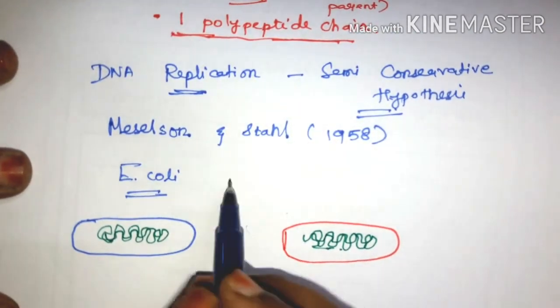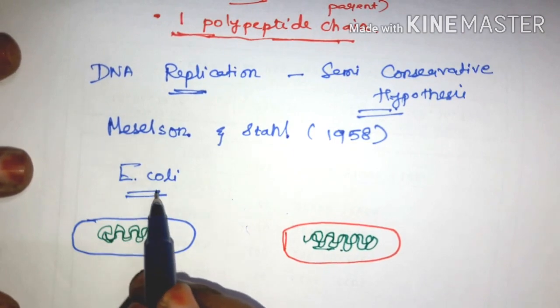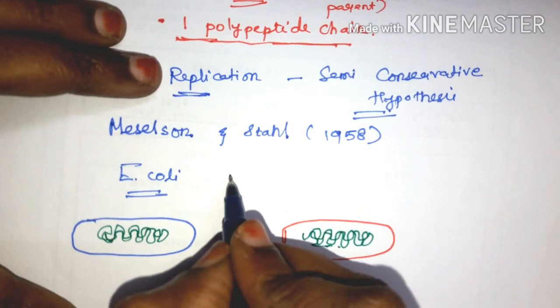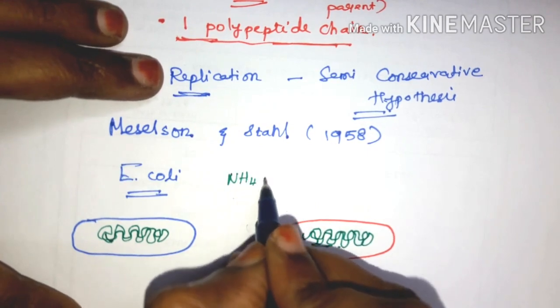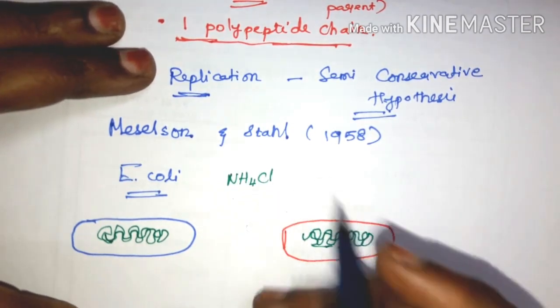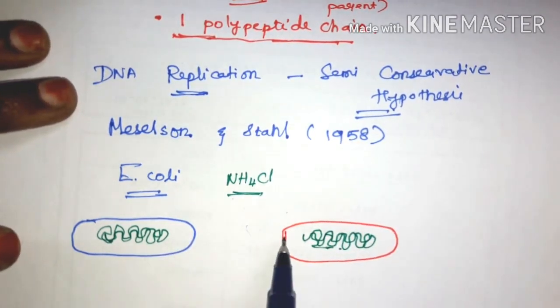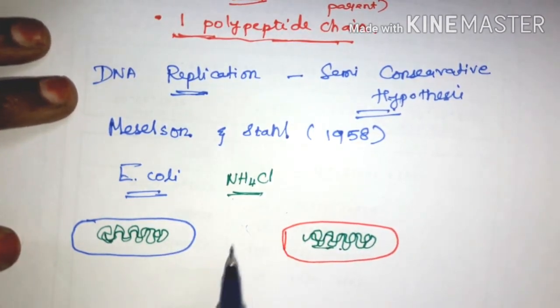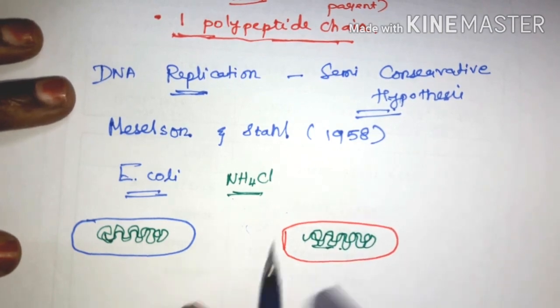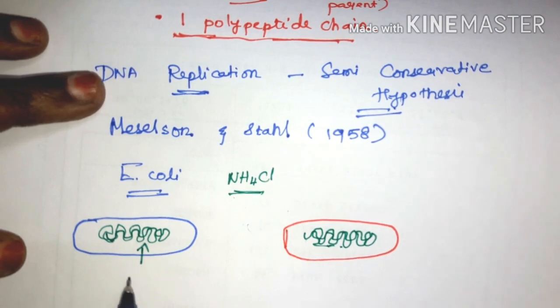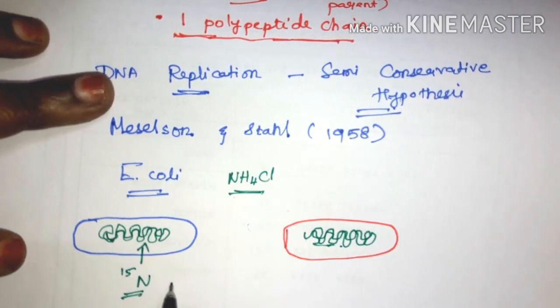What they do is make an isotope of nitrogen. They treat the E. coli bacteria with the isotope. After treatment they have the heavy isotope, that is N15, and they are said to be heavy.